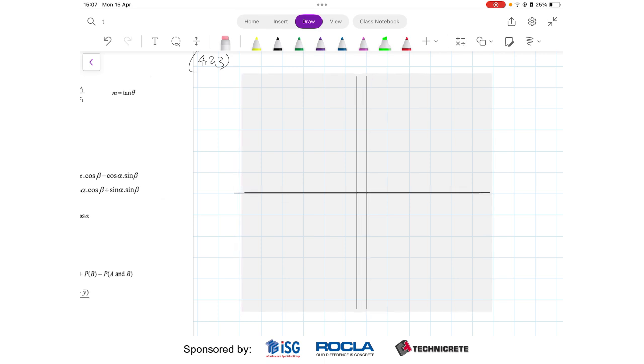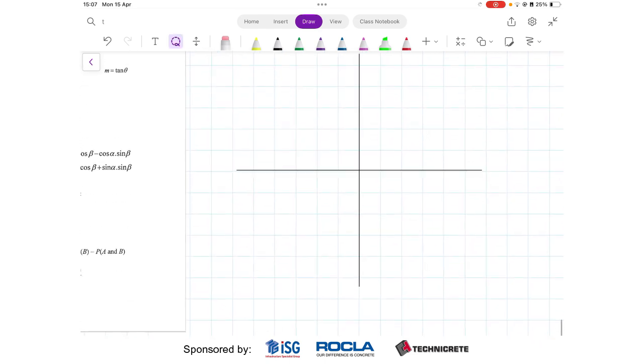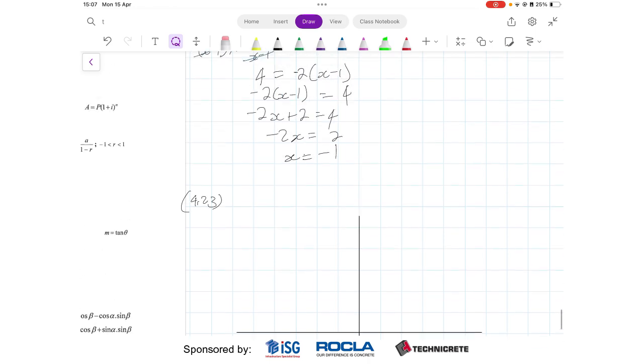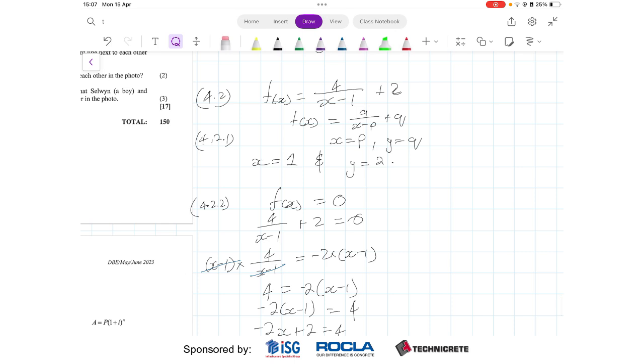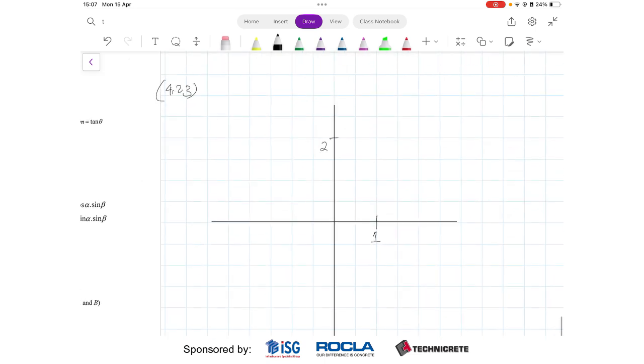And then I'll just make that a line. Okay, so the first thing we'll do is we'll write down our asymptotes. We know that the asymptotes are given by x equals 1 and y equals 2, right? So let's label those. Let's write this as 1, and let's label this as 2, right?